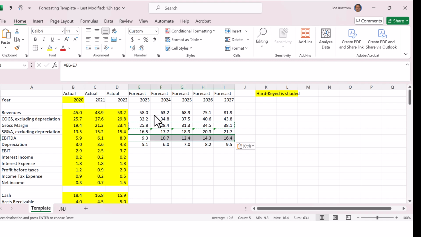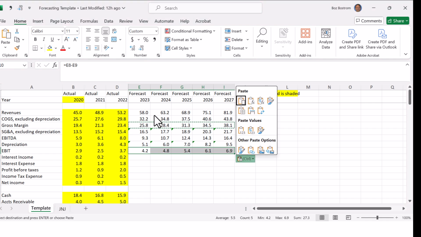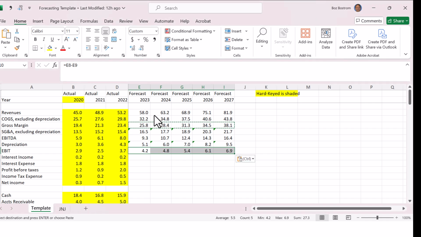Now go right here and hit Control V. 2 cells above minus 1 cell above. Go to EBIT. It's also going to be 2 cells above minus 1 cell above, so I can just hit Control V again. So again, in gross margin, I highlighted these. I hit Control C, go down to EBITDA, hit Control V, go down to EBIT, hit Control V. All right, so it's just trying to work smart in Excel.